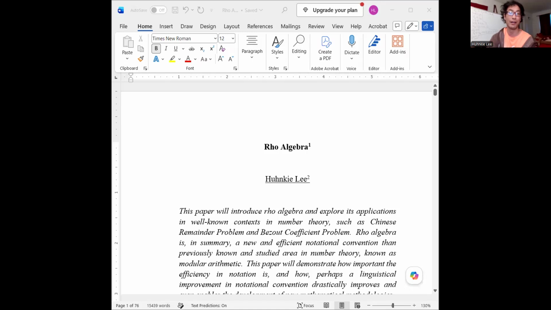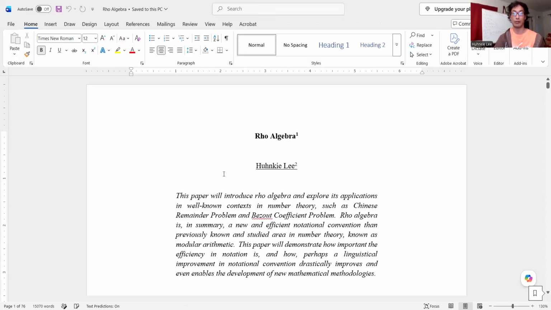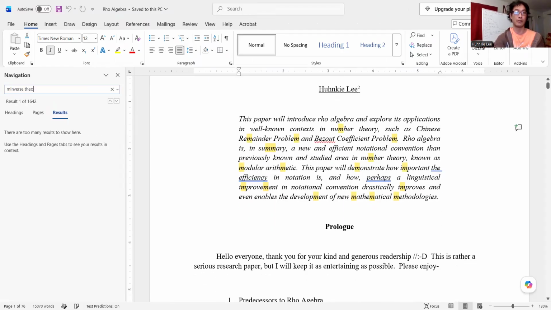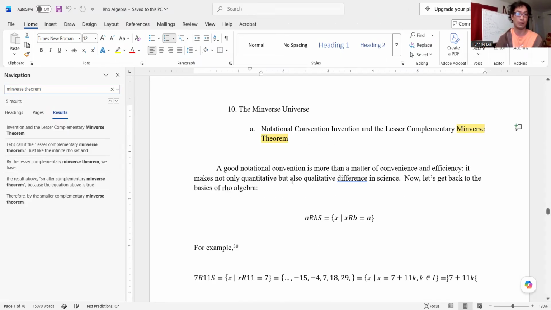Let's go to the raw algebra paper. It's been a long time since we did screen share. But this paper, I wrote it, so I own the copyright, so you can safely share it. Okay, now text search minverse theorem. Complementary minverse theorem, I guess that's what it is.